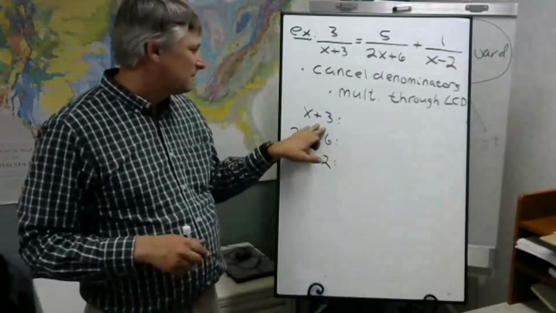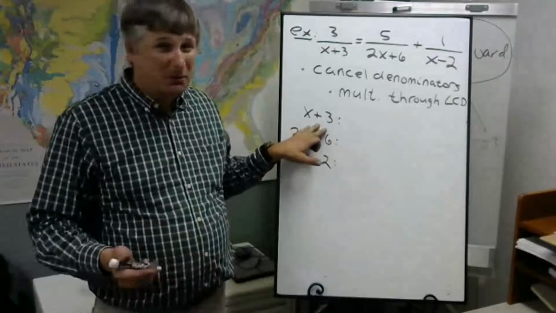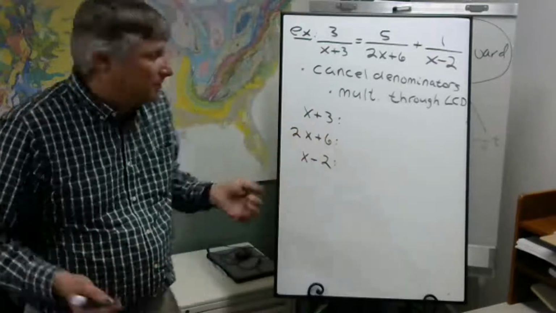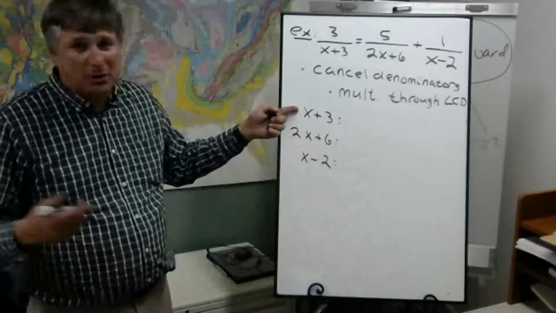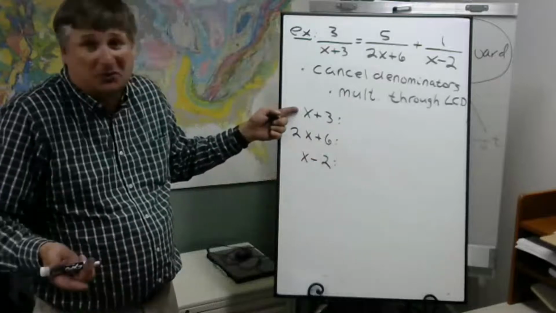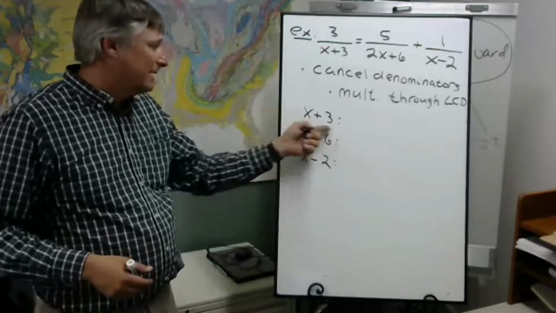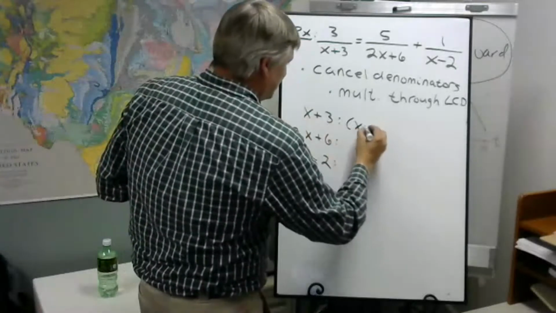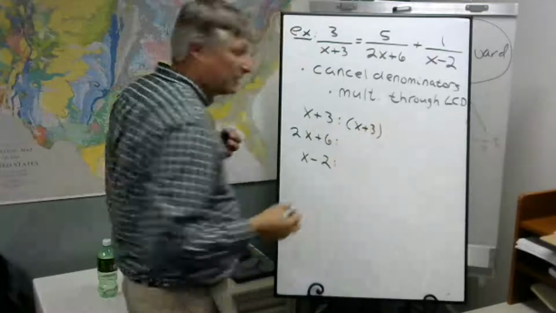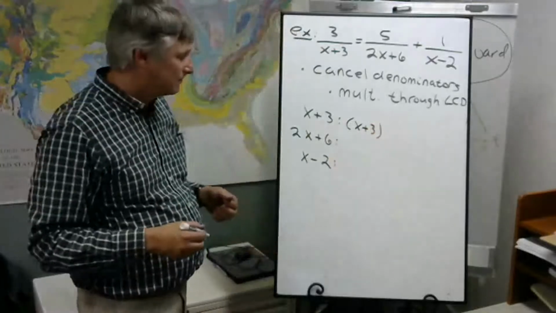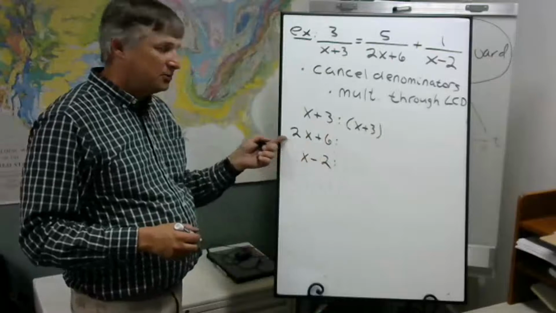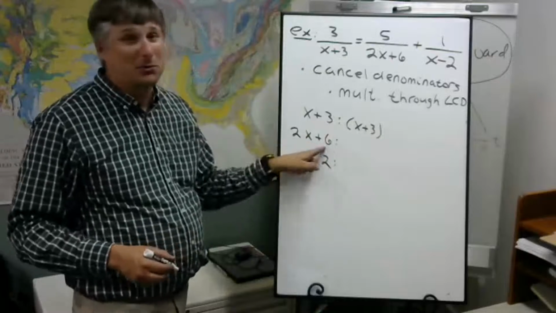So a first degree binomial, it's already there. X plus 3. There's no square or cube on x, so it's first degree. And then it's a binomial, so we're okay. X plus 3. It's kind of like a prime number. Now this one, you can actually factor out a 2.